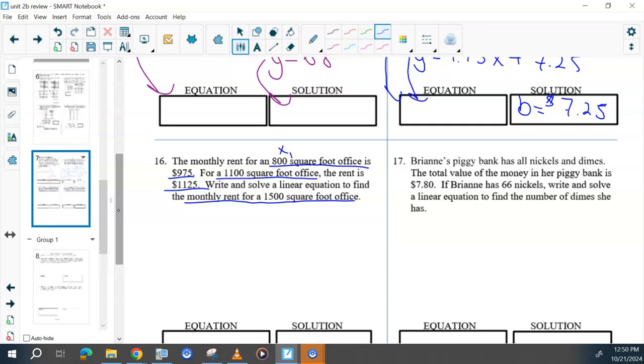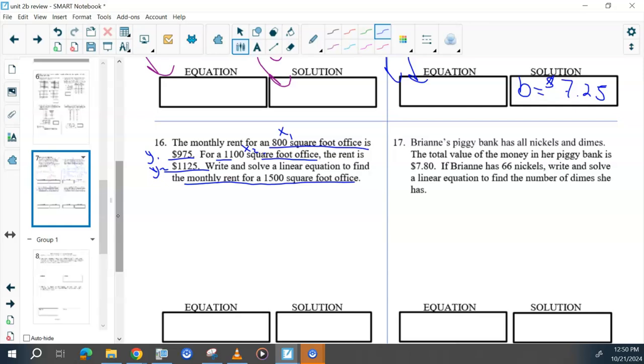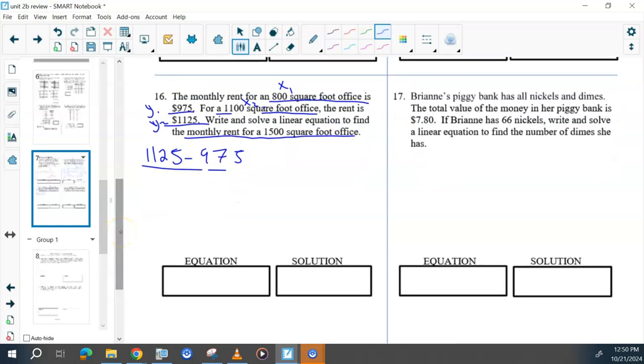The monthly rent depends on the square footage, so the square footage is X, this is Y. And we're going to find our slope by subtracting those numbers first. This minus this, so 1,125 minus 975 over 1,100 minus 800.